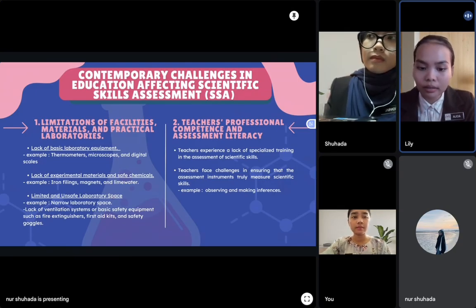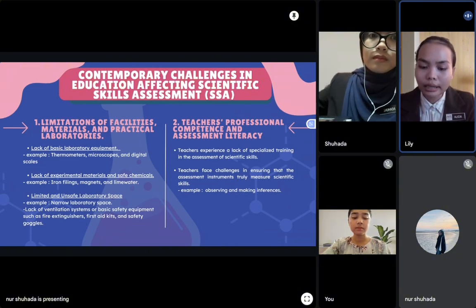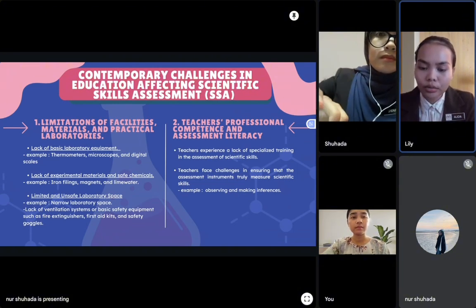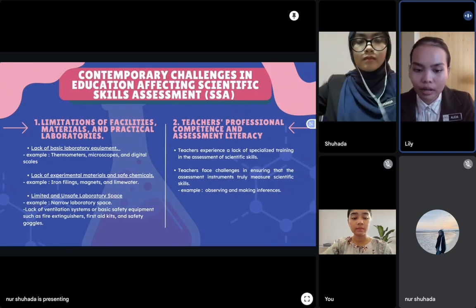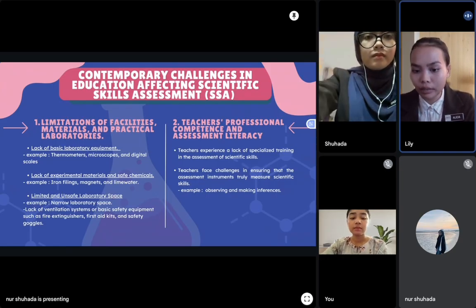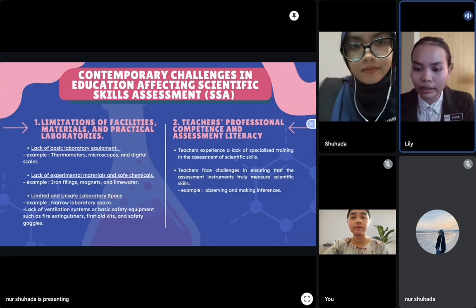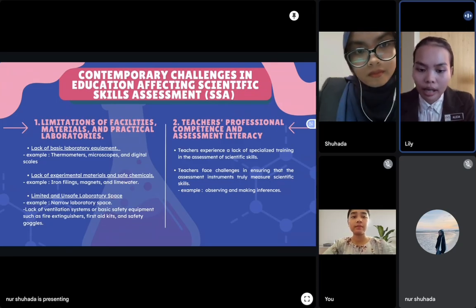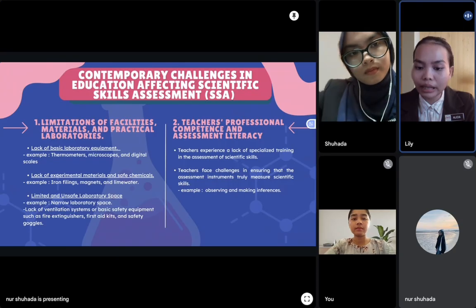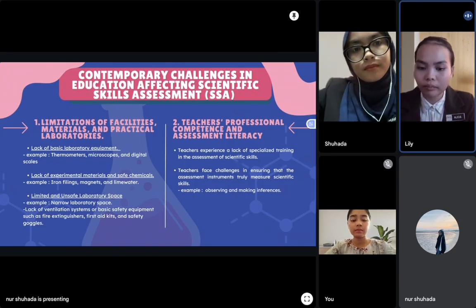As a result, teachers may assess based on general observations without clear guidelines. Next, teachers face challenges in ensuring that the assessment instruments truly measure scientific skills, for example, observing and making inferences. Therefore, without a clear understanding of validity and reliability, assessment results may become inconsistent among teachers.